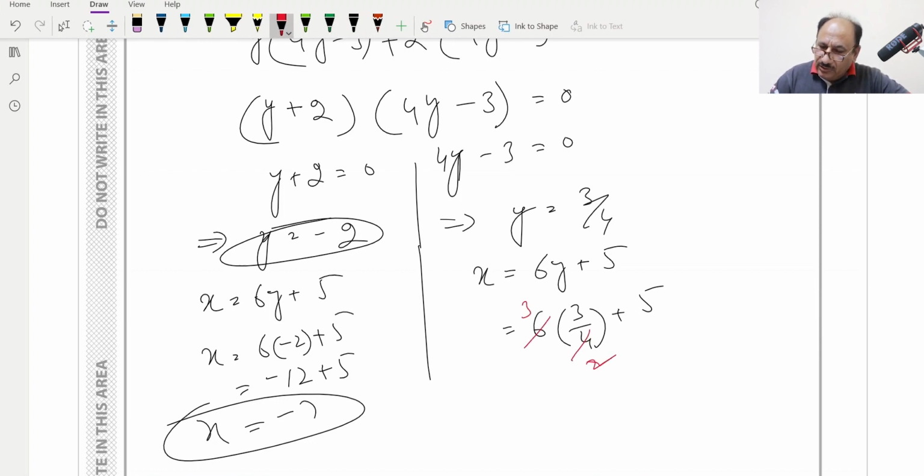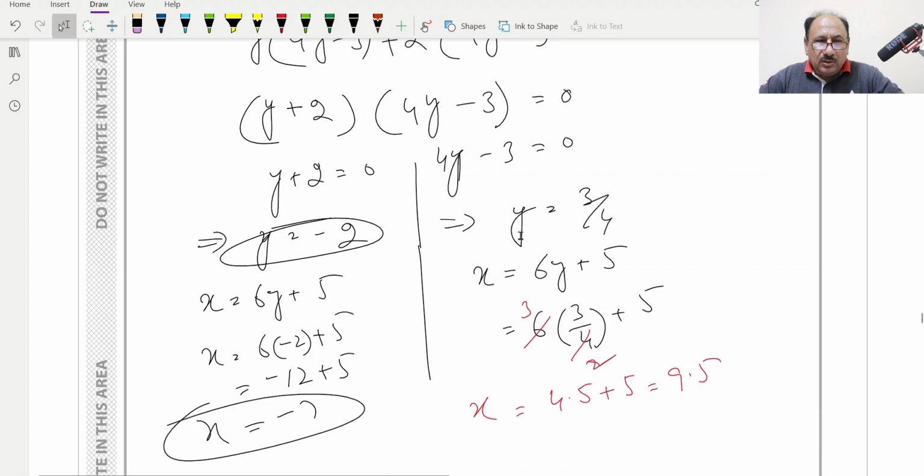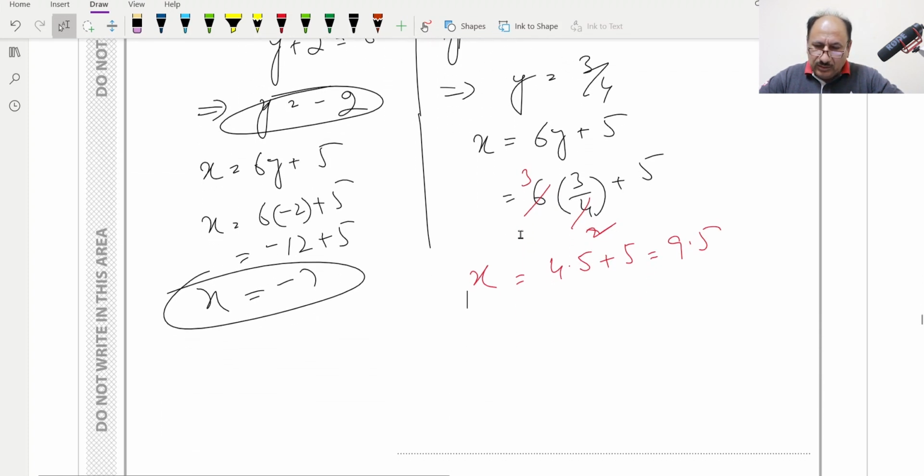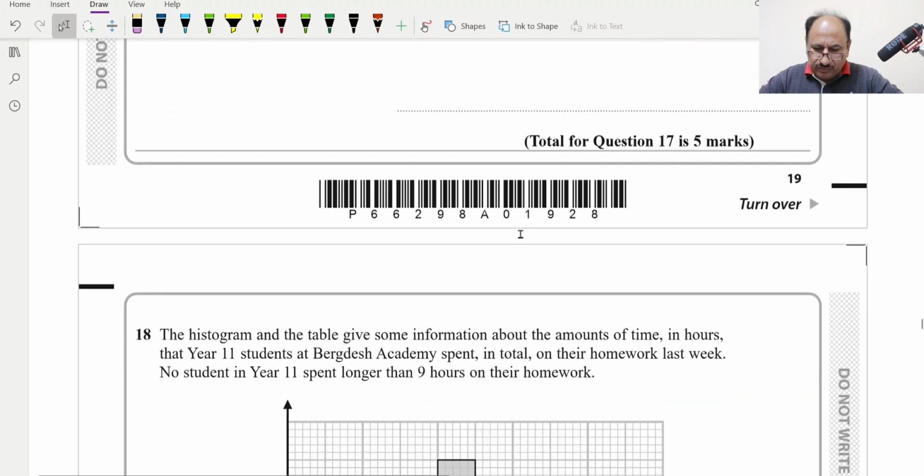So this will be 3 3s are 9. 9 by 2 will be 4.5. 4.5 plus 5, which is equal to 9.5. So x is equal to 9.5 or 19 by 2, whatever. So you can provide over here as answers, and these are the values which we have found.